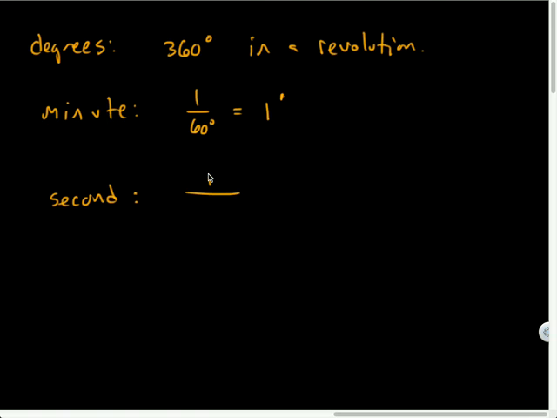Actually, I put that degree mark in the wrong spot. 1 degree divided by 60 parts, sorry. And 1 minute divided by 60 parts will be 1 second. A minute is a 60th of a degree.